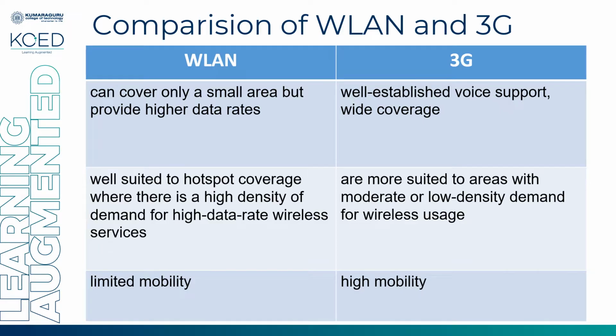Wireless LAN, we need to have a hotspot or access point for providing access to various units. 3G is more suited to areas with low density demand for wireless usage. In case of wireless LAN, the mobility is limited. Probably we move from one room to another. In case of 3G, the mobility is higher.